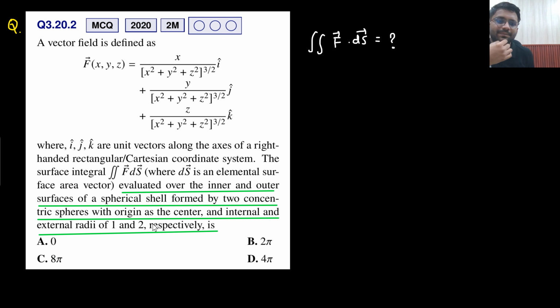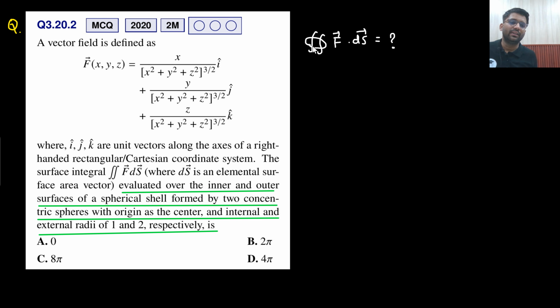Will you drop this question then? You have studied vector calculus so much, and just because you are not understanding anything about f dot ds, will you be dropping it? Look, first of all, they are talking about spherical shell, so I am pretty much sure that it is closed surface integral, right?